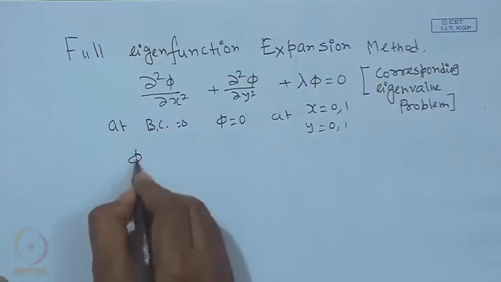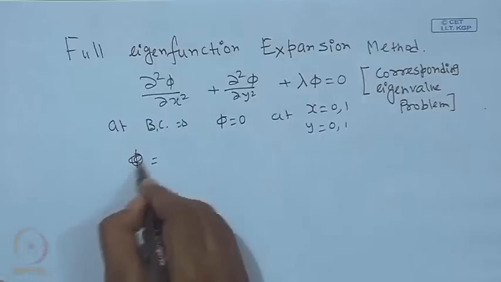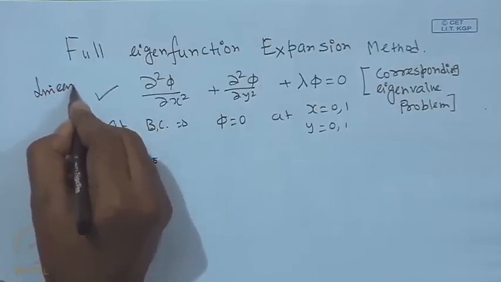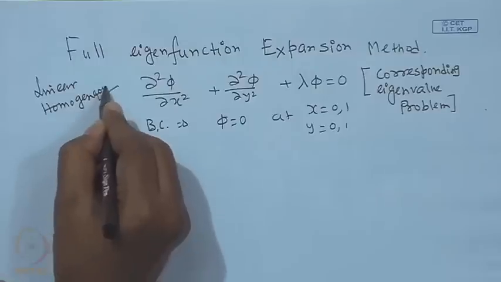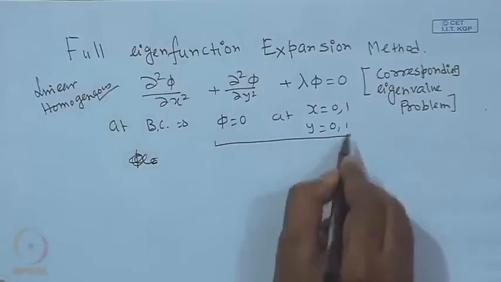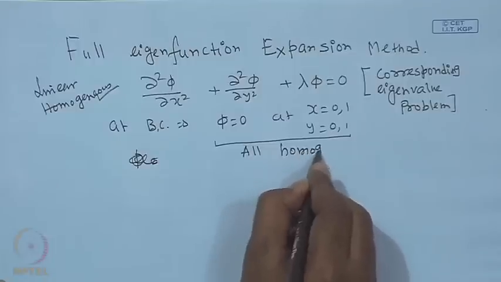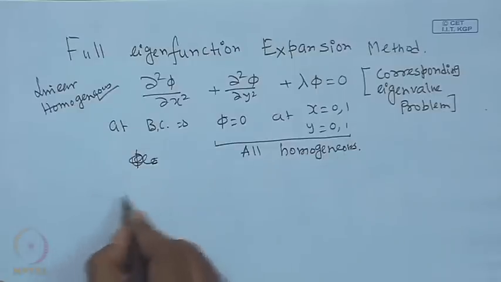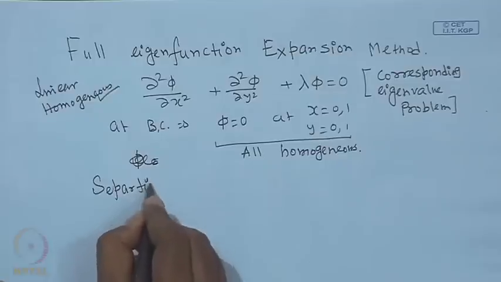So, we use the separation of variables because this equation is linear and homogeneous, and the boundary conditions are all homogeneous. So, we use the separation of variable method to solve this problem.